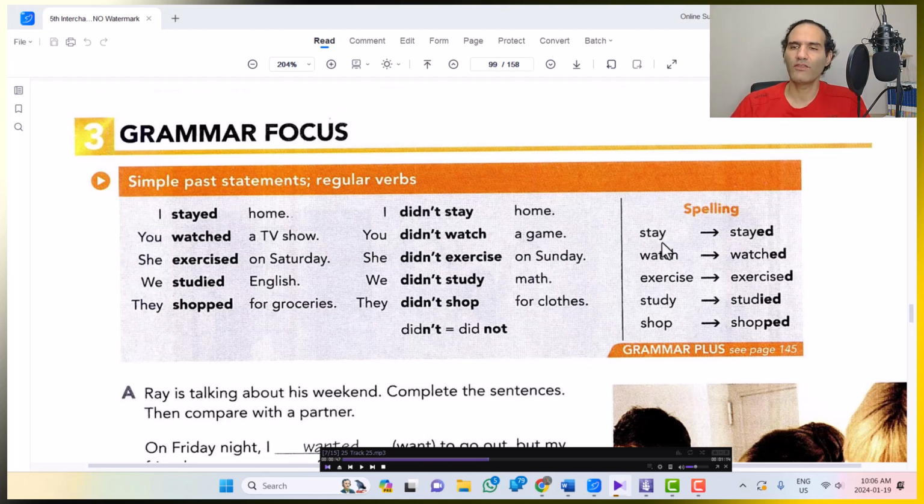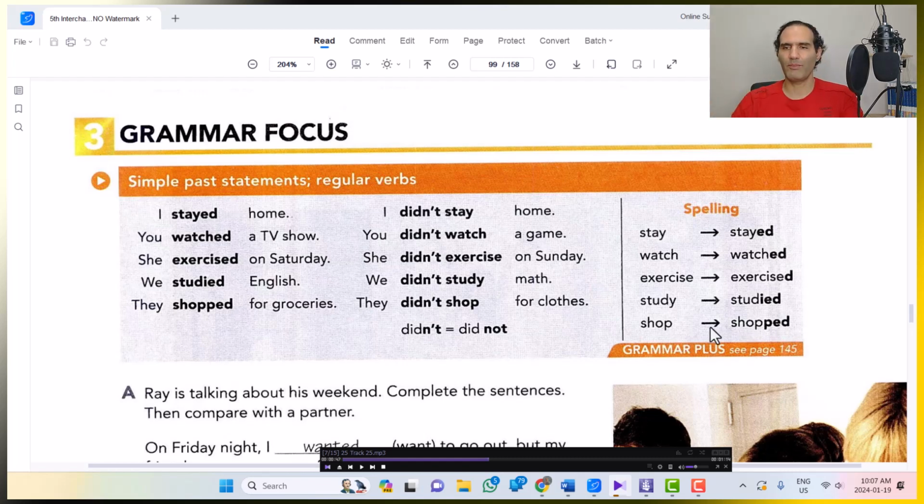It means if before y we have a vowel, no change: stay, stayed. But if before y we have a consonant, it changes into i. Studied. Got it? And shopped. If you have a consonant at the end and a vowel before, that consonant is doubled: shopped.